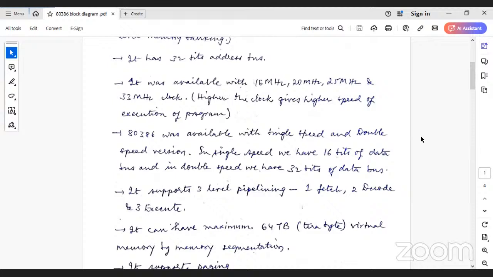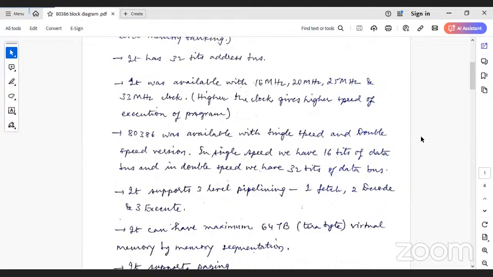Once the instruction is fetched, it goes to decode. In the meantime, one more instruction is fetched and then sent for decode. Like this, the instruction which was decoded will be executed. One by one, the process continues. So we call it 3-level pipelining.